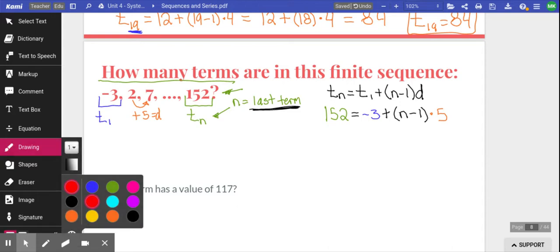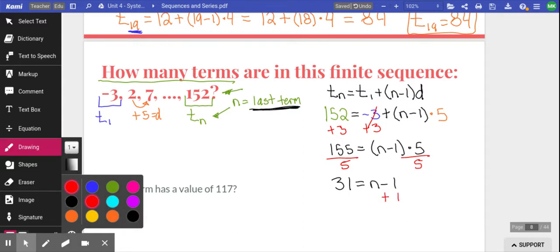To do that, I'm going to move everything to the other side. So I'm going to add 3 to both sides. That gives me 155 equals n minus 1 times 5. I then could divide both sides by 5. When I divide both sides by 5, I get 31 equals n minus 1.